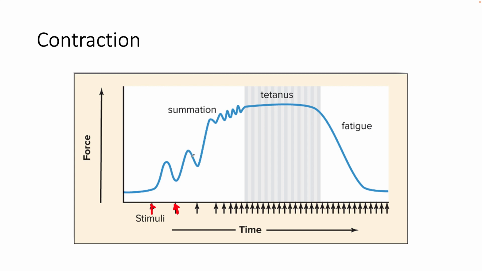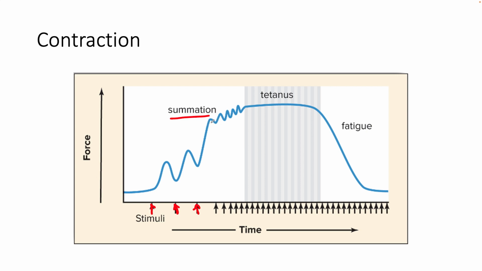And then actin and myosin might start to slide back apart again. As long as the stimuli comes before the muscle completely relaxes down to where the force is basically none, you're going to get added forces. We call that summation.